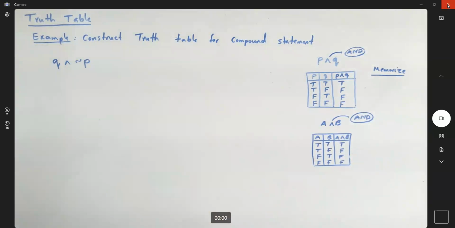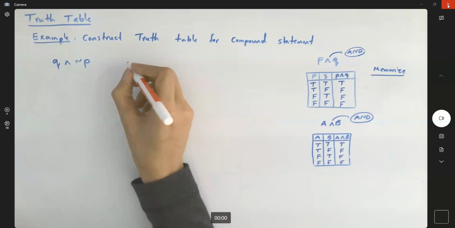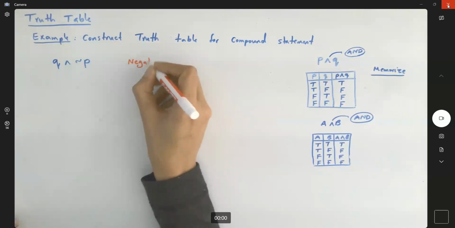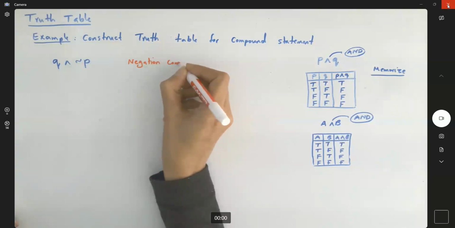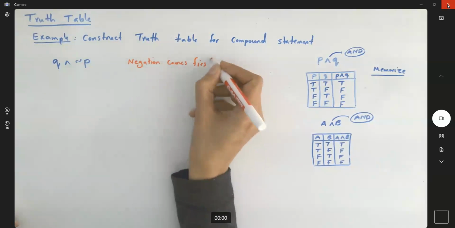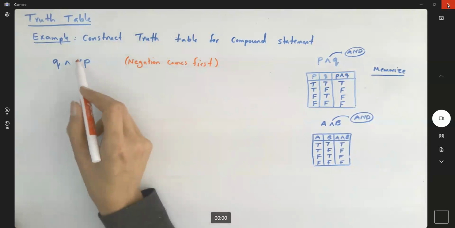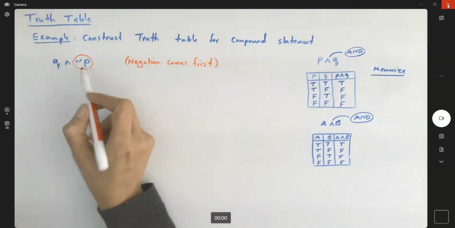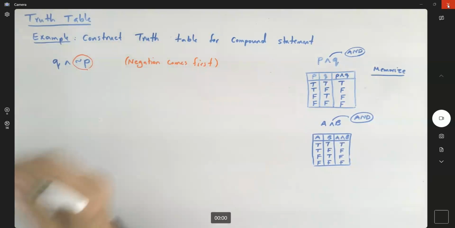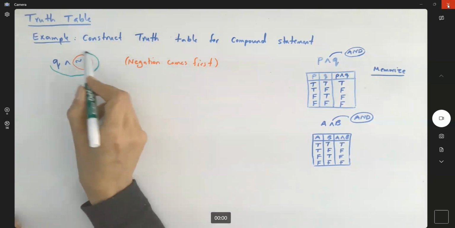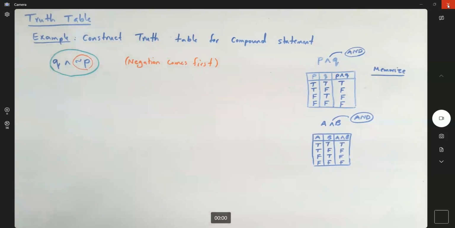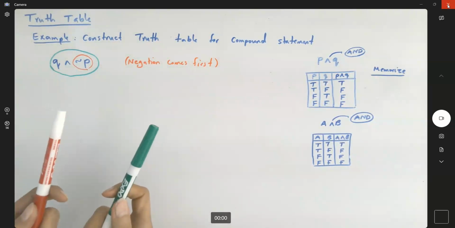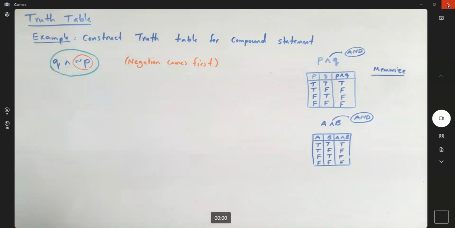Negation comes first. So it means that we need to find the negation of P first and then combine Q values with the negation of P. Let me use 2 different colors and show you how to construct the table.